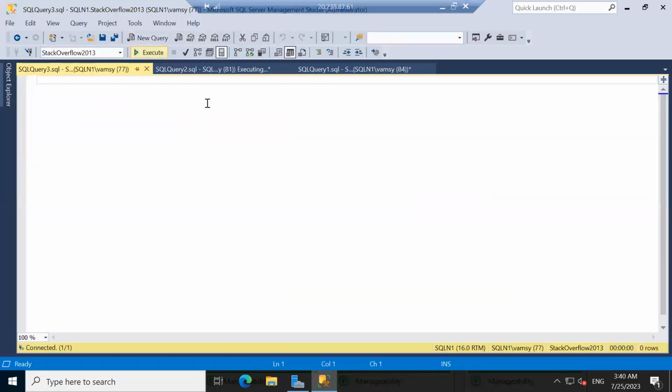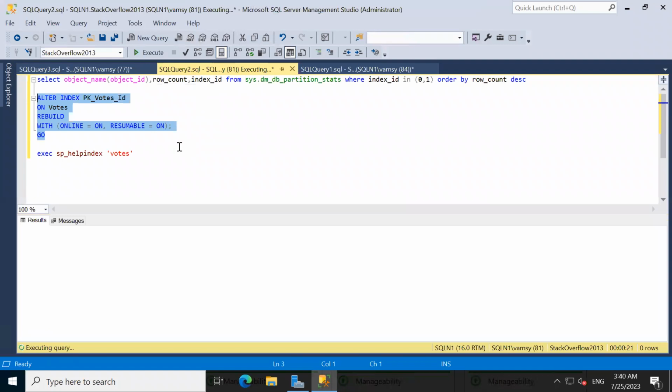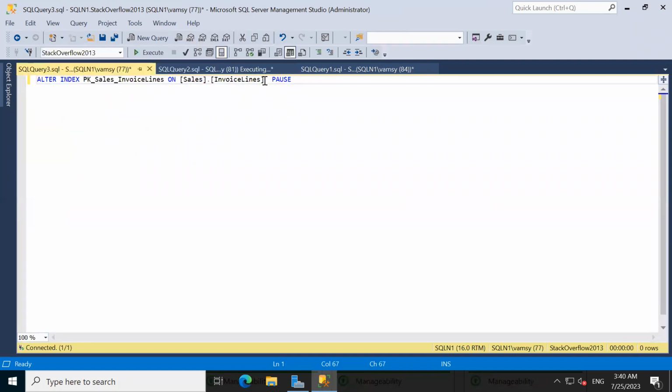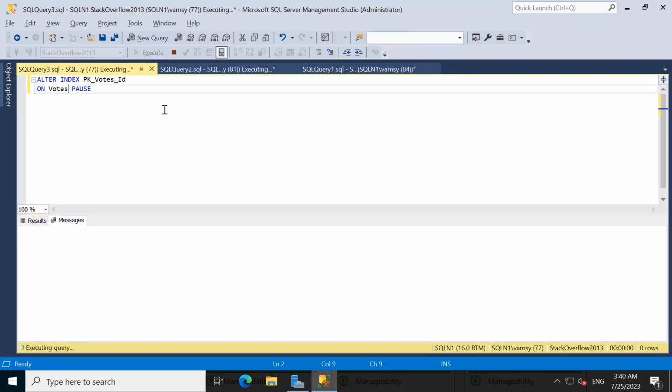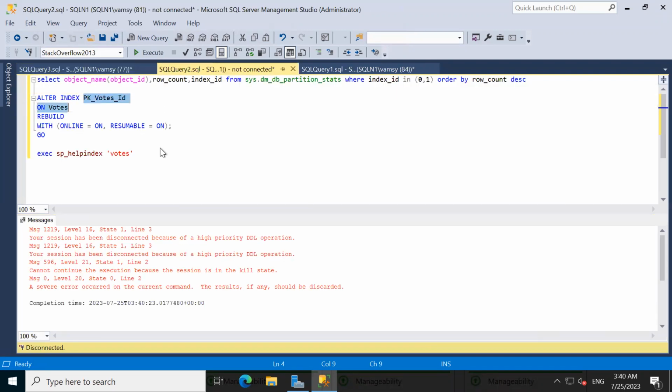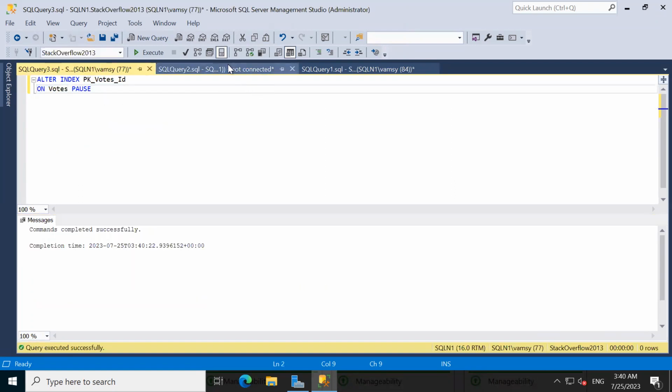You notice that the log file is getting full because of this operation, so I have to pause it. I'll choose this and say pause. Once I say pause, this statement gets disconnected and killed automatically.